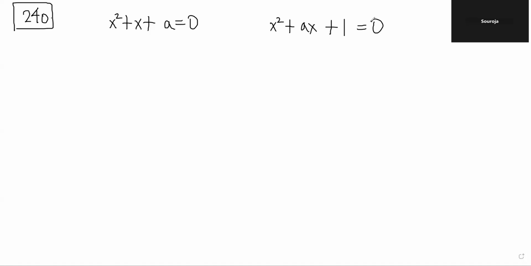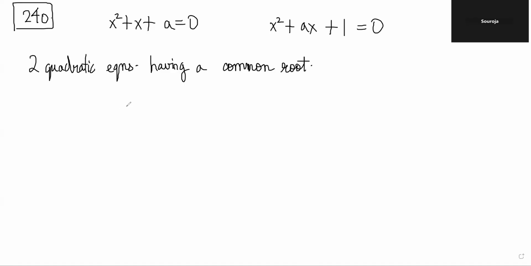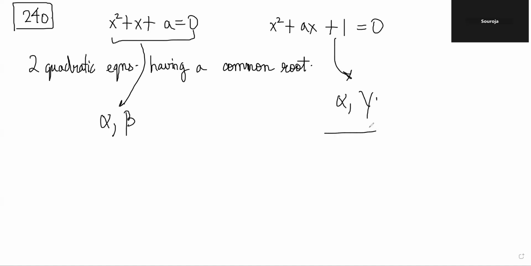So this is an important idea. Two quadratic equations, when can they have a common root? Do you understand the meaning of the question? This quadratic could have roots alpha and beta, and this quadratic could have roots alpha and gamma.